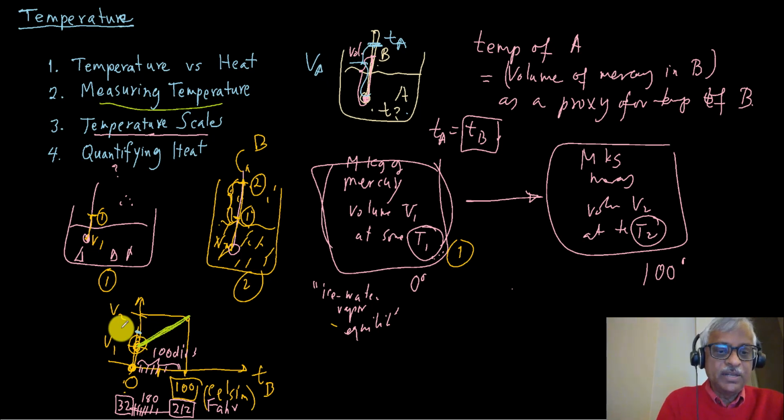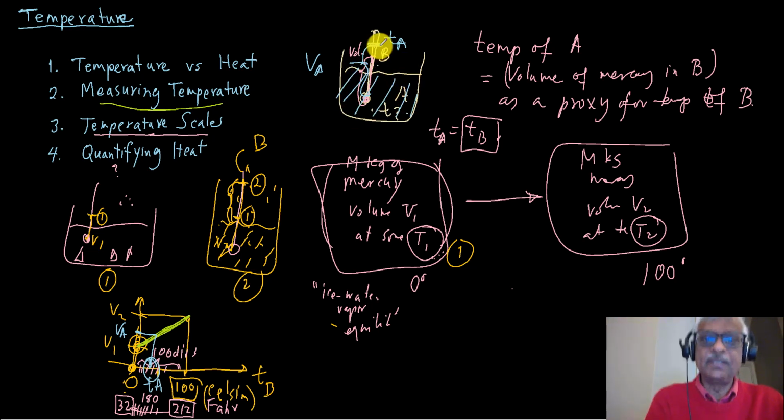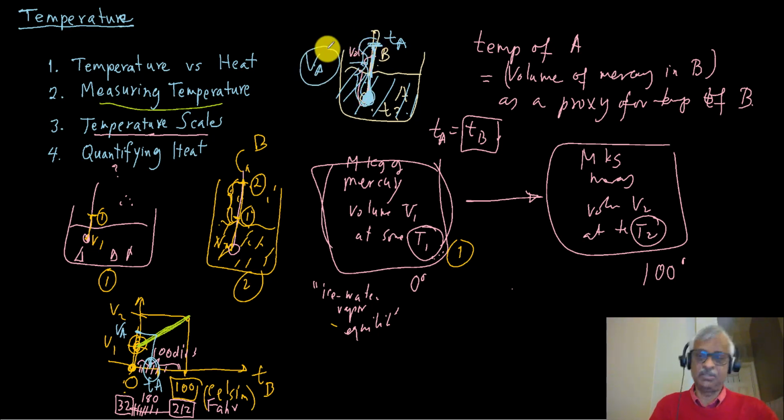I go here, the volume is VA, so I can just read off that temperature. That's the TA. So this is how we measure temperature, and that's how it's related to thermal equilibrium. Basically, the water here is in thermal equilibrium with the mercury here, and I'm using the volume of the mercury as a proxy for the temperature. Okay.